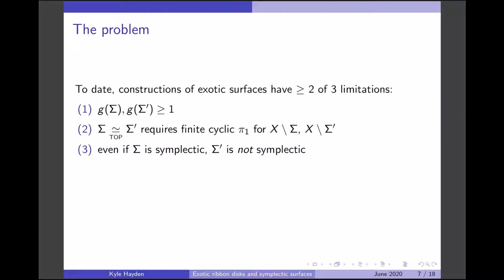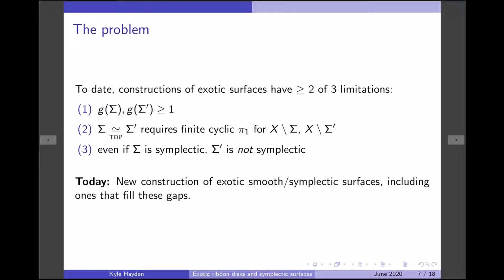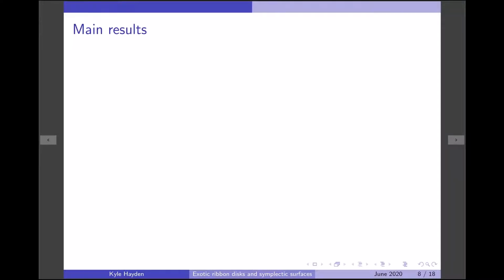And so my goal today is to outline a new construction of exotic smooth and symplectic surfaces, including some that fill in those gaps. So here are the main results I want to tell you about today. The first one gets towards that question that we asked at the beginning of how many different surfaces in the 4-ball a knot in the 3-sphere can bound.